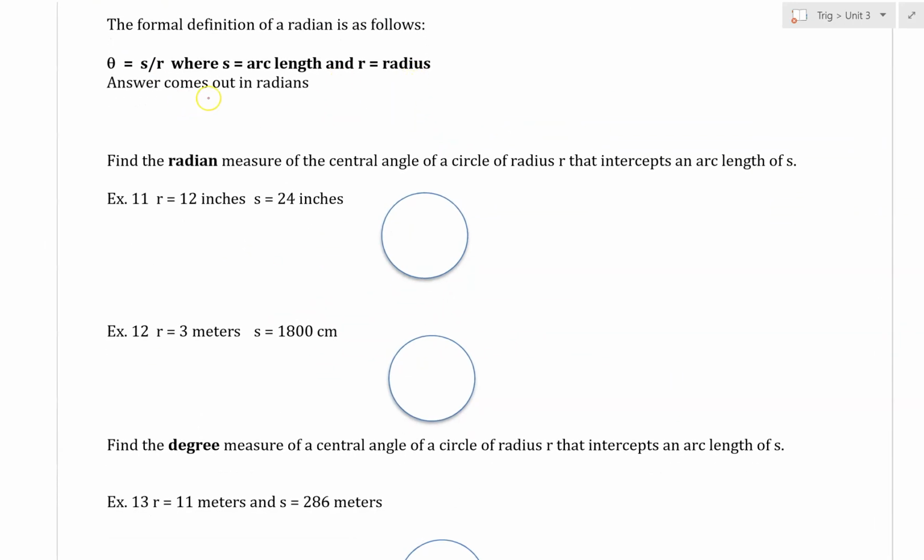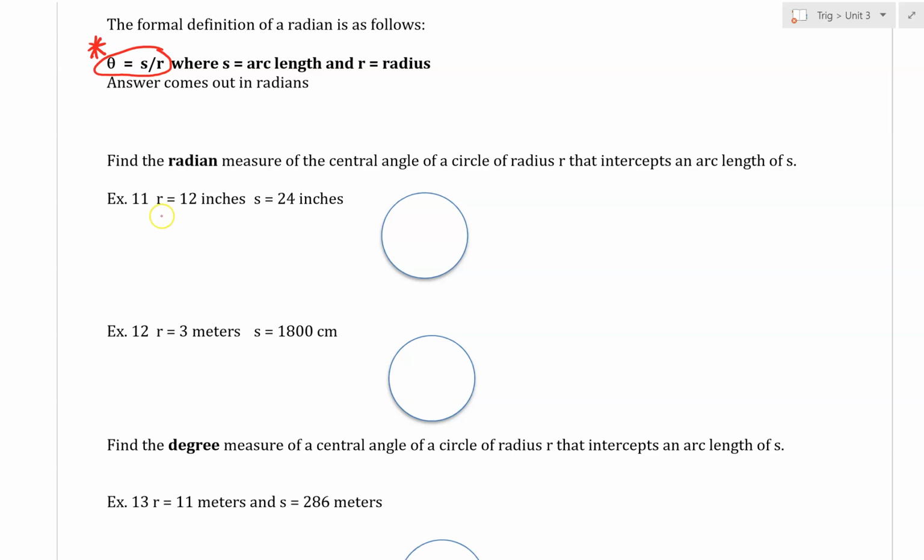So the answer always comes out in radians in a problem like this. This would be another formula that you want to keep your eye on because you're going to need it. These say, find the radian measure of a central angle of a circle of radius r that intercepts an arc length of s.